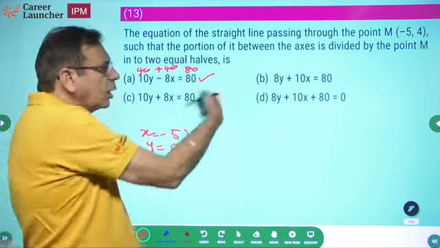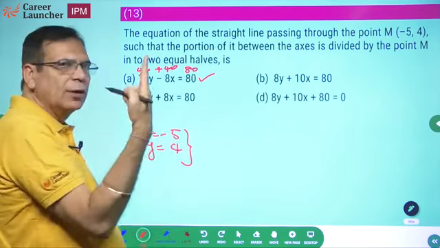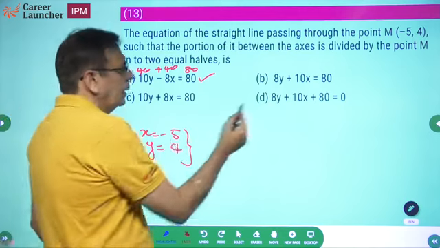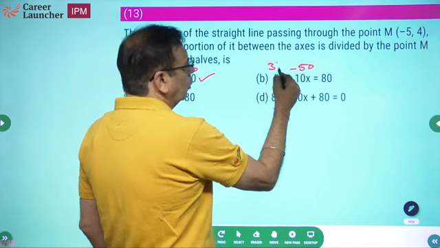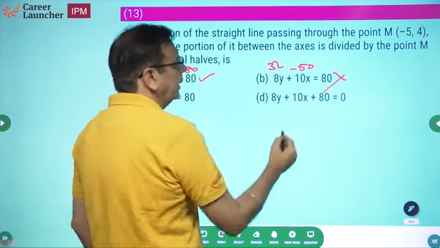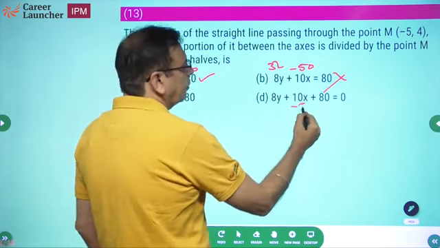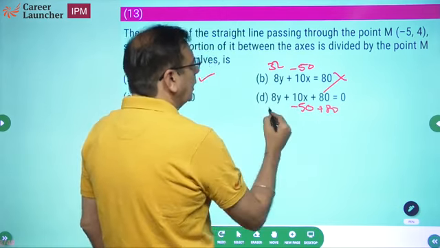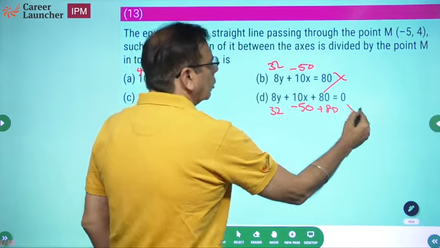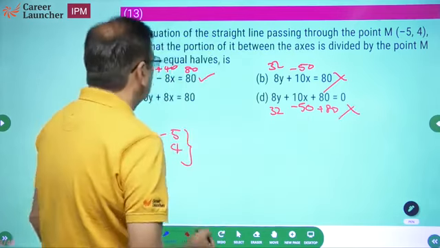So what we'll do, we'll check all the choices. Then only one choice remains, that's the answer. Okay. This becomes -50. 8 into 4, 32. 32 minus 50 is not 80. X is -5, so -50 plus 80, and this is 32. This is also incorrect. Okay.